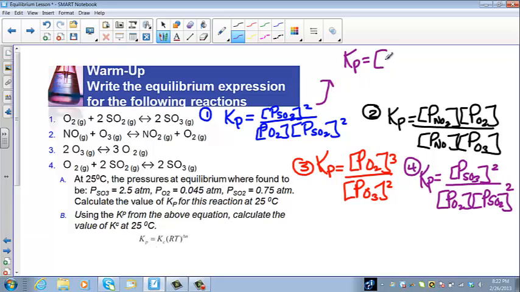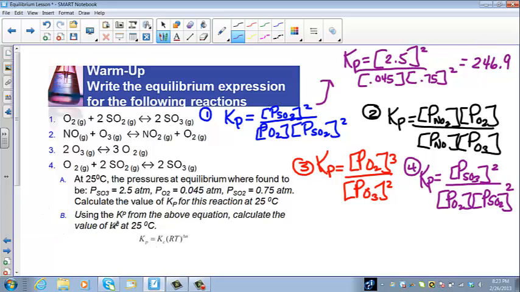SO3 they said was 2.5, so 2.5 squared divided by O2, which is 0.045, times SO2, which is 0.75, squared. And you get 246.9. And that is our Kp.